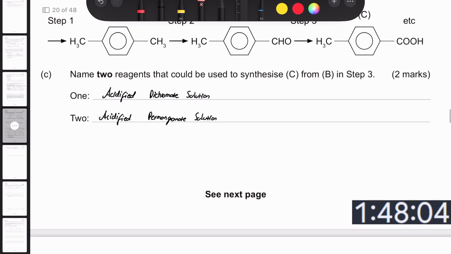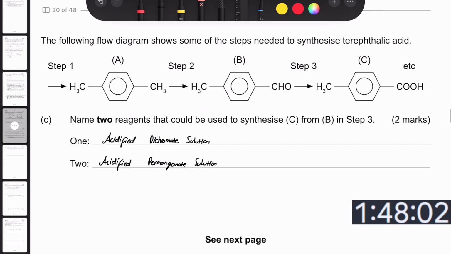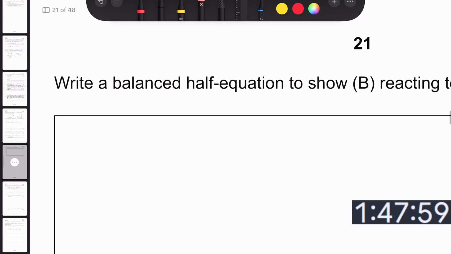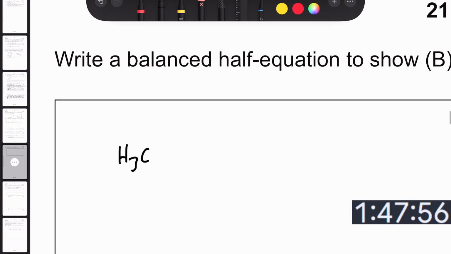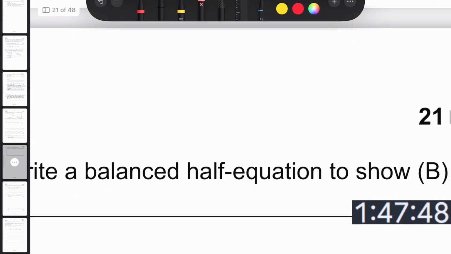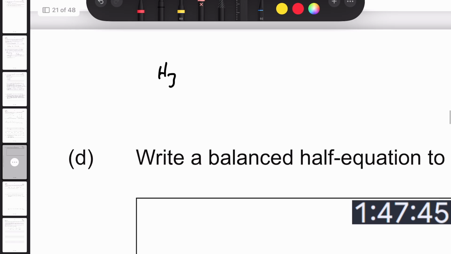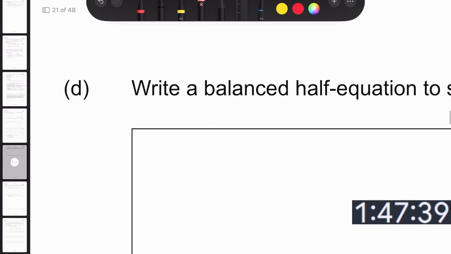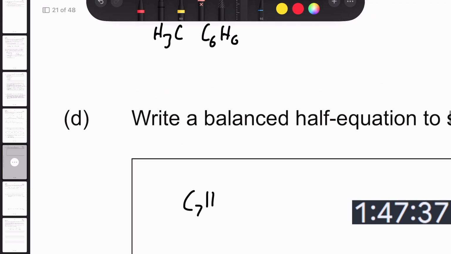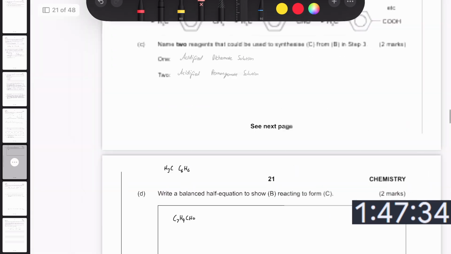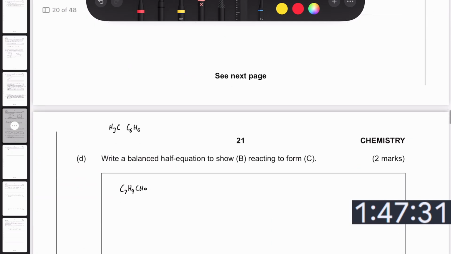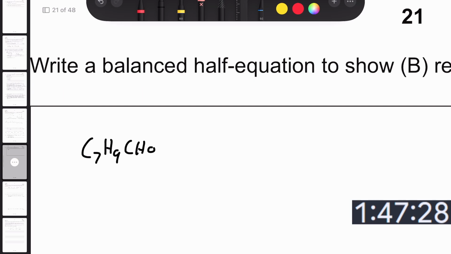So B is H3C. Can I just do like C6H6? So let's see, H3C and then C6H6. So that's C7H9CHO. And then balanced half equation, this is oxidation.